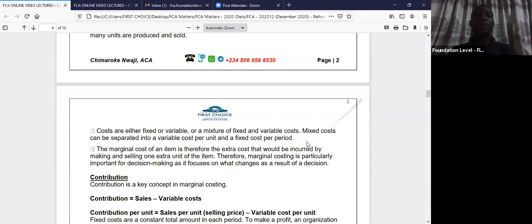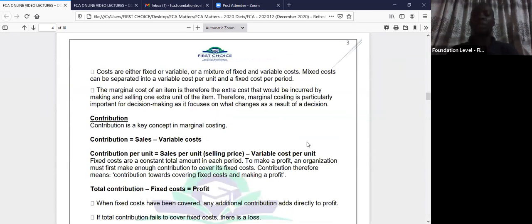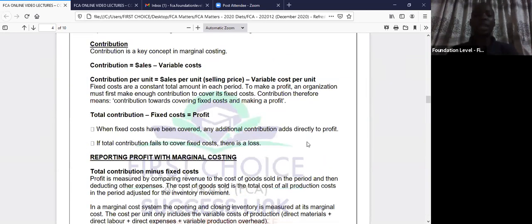All right, let's go to one key concept that helps us to understand marginal cost, and that is contribution. I mentioned before that contribution is what we call marginal profit. This is because in deriving contribution, there is no consideration of fixed costs.